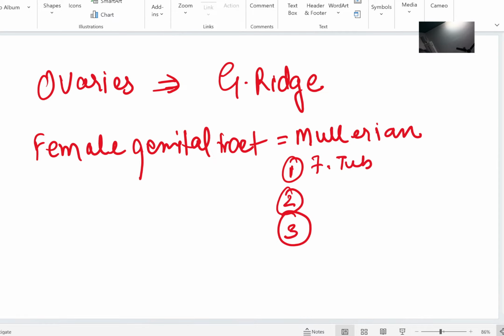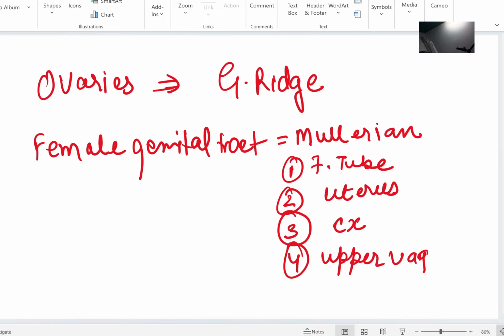Fallopian tube, uterus, cervix. Number 4 is fallopian tube, uterus, cervix. Then what else? Upper vagina. Is it okay? These are the Mullerian duct derivatives.